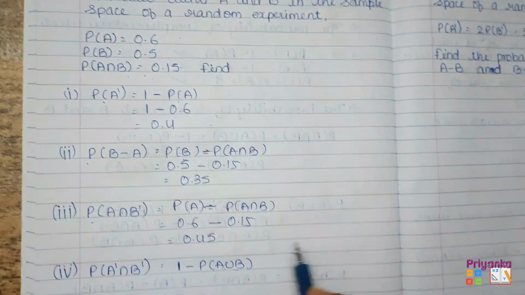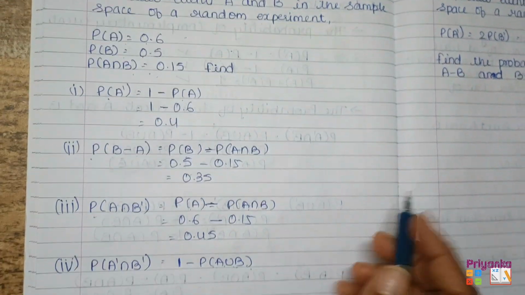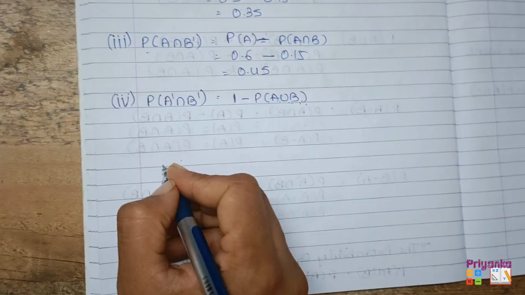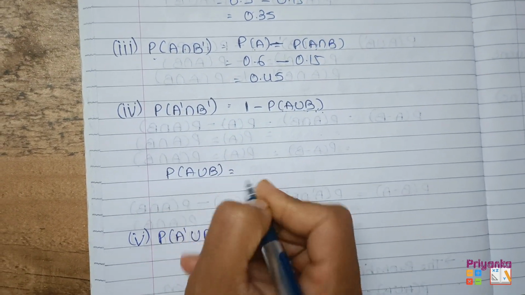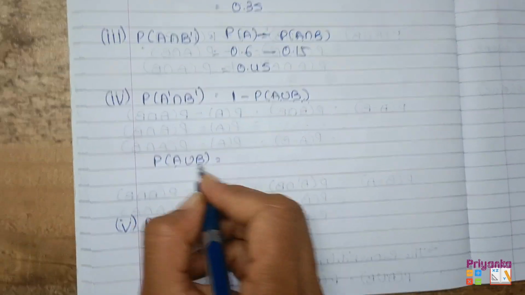In the question the value of A union B is not ready, so here we will first find A union B, for which I showed you the law of addition formula. Otherwise, we are going to learn about the law of addition in our next exercise.